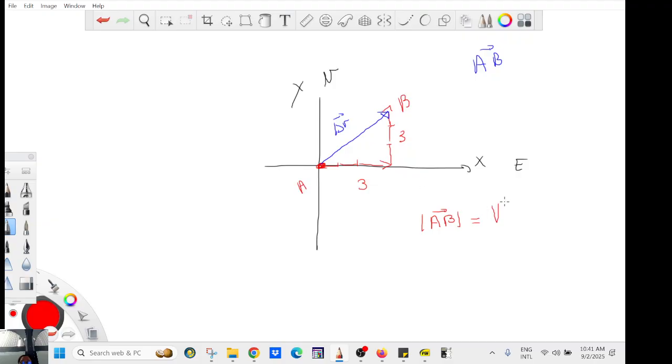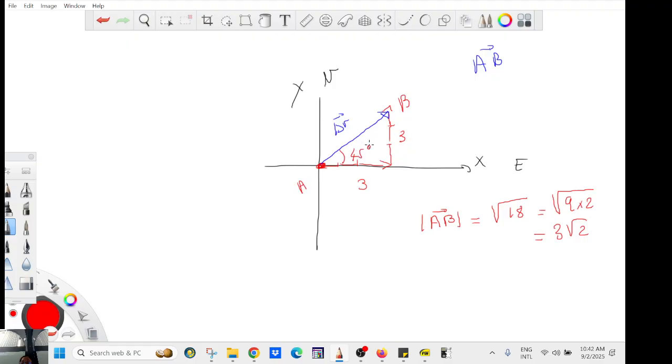Square root of 3 square plus 3 square, 18. And 18 is 9 times 2, is that right? So you can, or you take your calculator, it's easier. Do you agree? So what do you think this angle is? Oh, sorry.